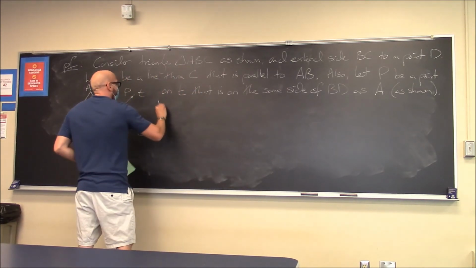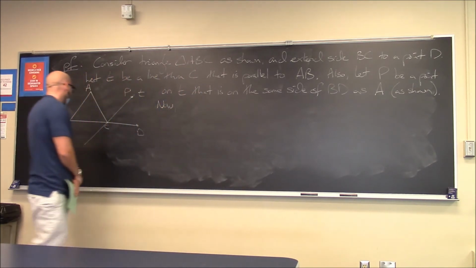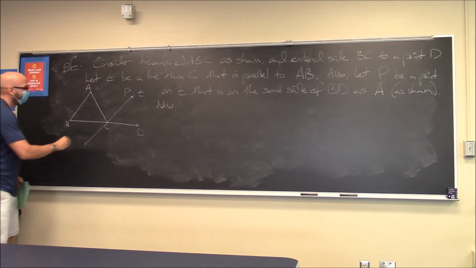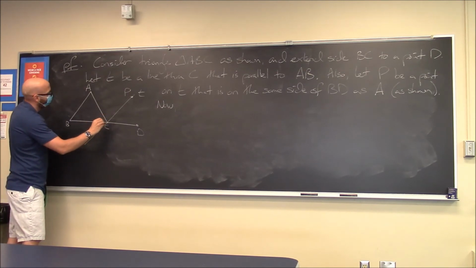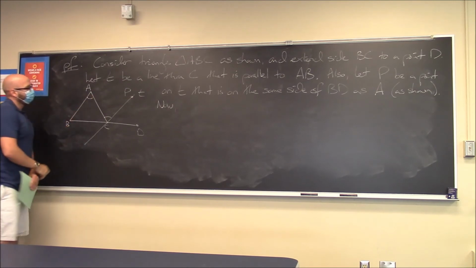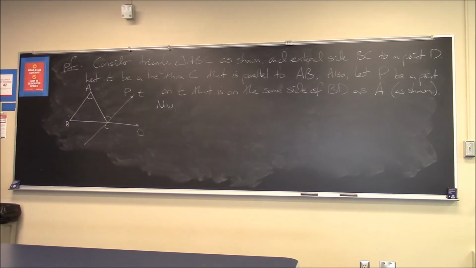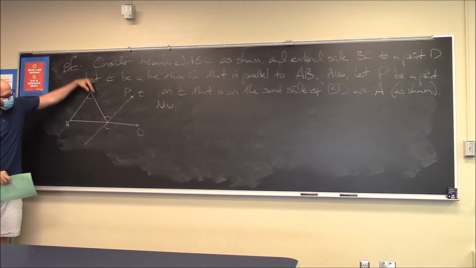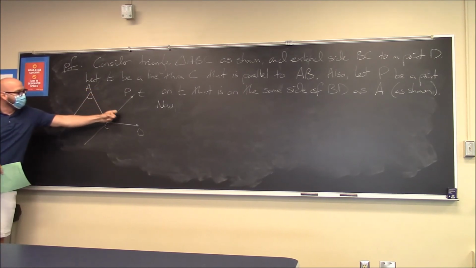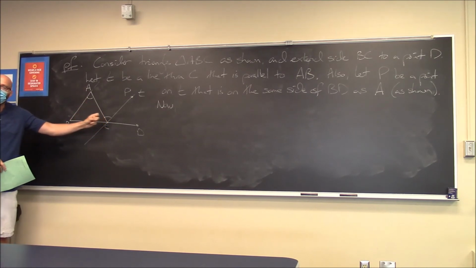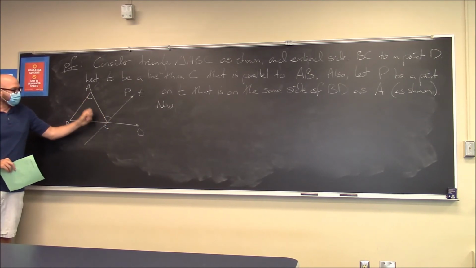Okay, so now what can I say? This angle here, and this angle there, what are those? Well, imagine these are two infinite lines, right? AC is a transversal of these two lines. So what are these? These are alternate interior angles, right? Which means they're congruent to each other, as I've drawn.